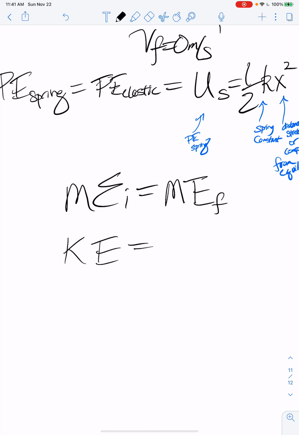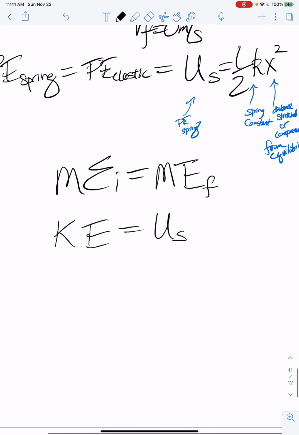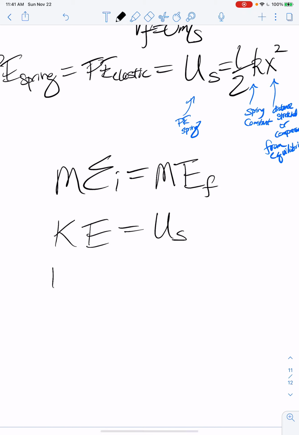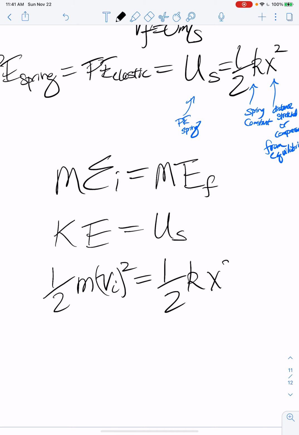It has no gravitational potential energy because it doesn't have a height from the ground. Final energy, it stopped moving, so the only kind of energy it has is spring energy. So we'll just say US, and we can go ahead and solve for this initial velocity because we know that 1/2 mvi squared is equal to 1/2 kx squared.